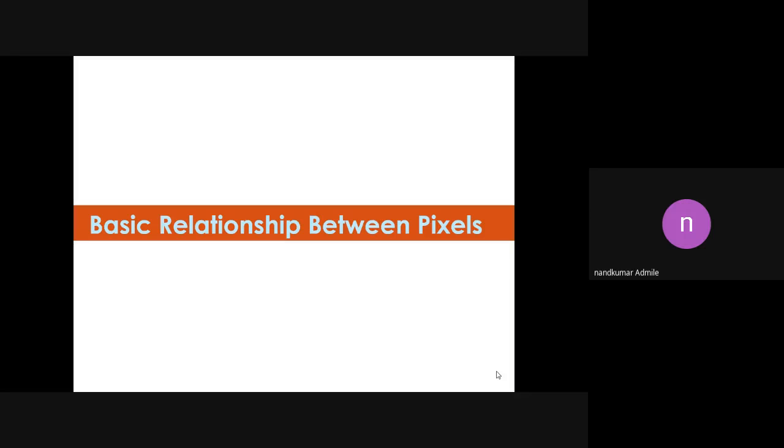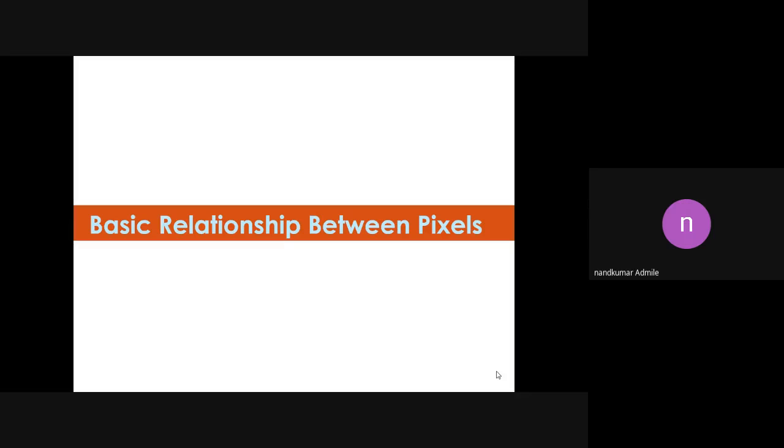In 4 connectivity, in the first case the pixels are vertical or horizontal neighbors, and in the second case the pixels are diagonal neighbors. 8 connectivity is the combination of these two types of connectivity. We can take a simple example and consider how to calculate the path between two pixels using this type of connectivity.